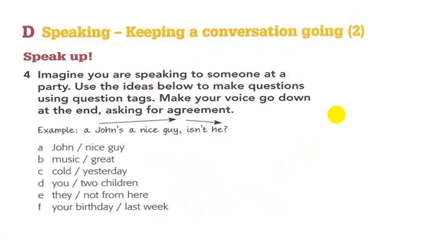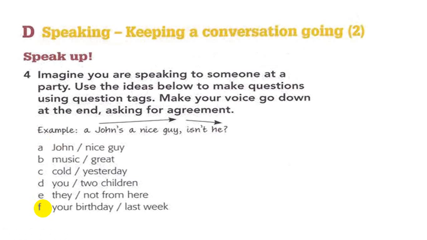Yes. So now we have John, nice guy. A. It is solved, and I was talking about it. A. The music is great. This music is great, isn't it? So from A to F, I have to listen to your voices. If you can send them on Moodle, then send them.